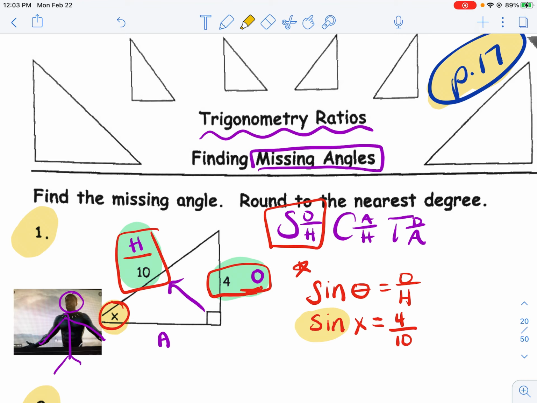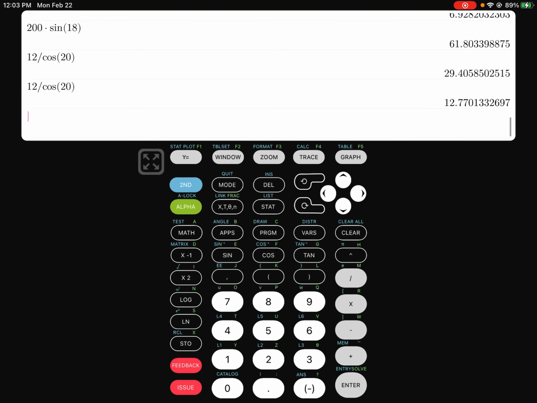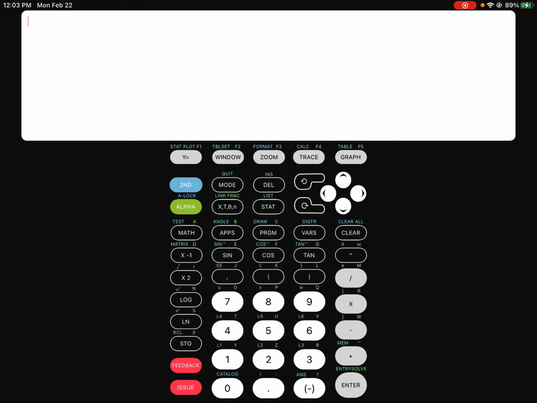I want to show you a neat little feature in our calculator. If you look at your calculator, there's a little blue button that says sine of -1. That is the inverse or opposite of sine. So we're going to use that. Notice it's in blue, which tells you to hit the blue button first.